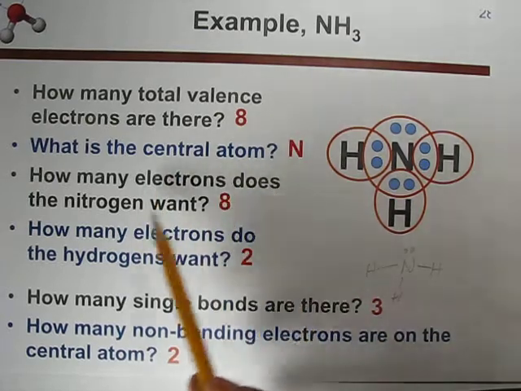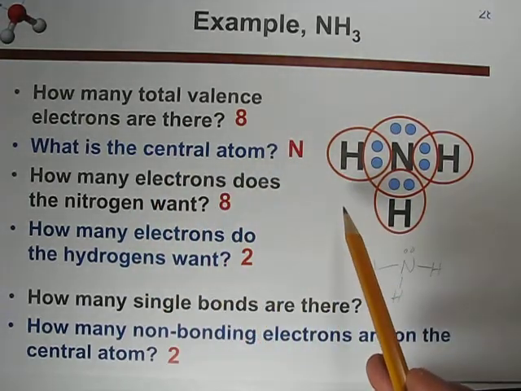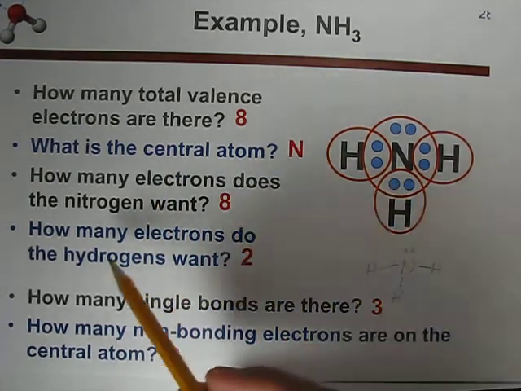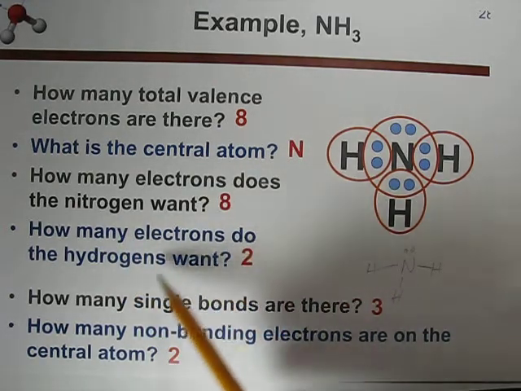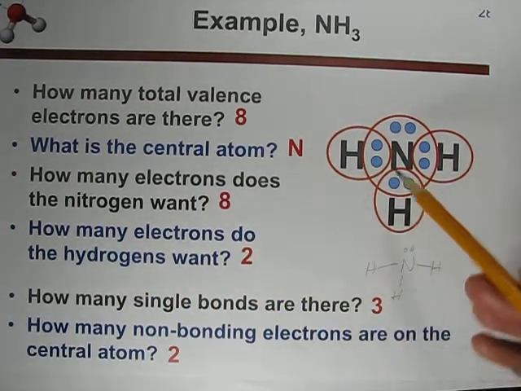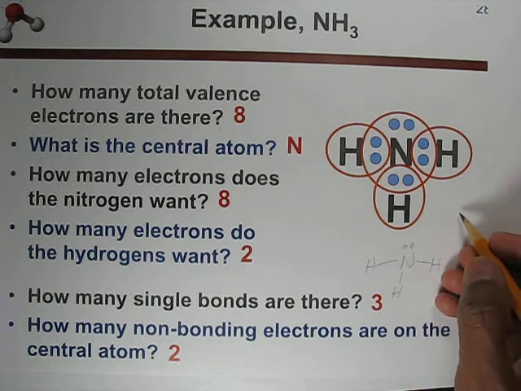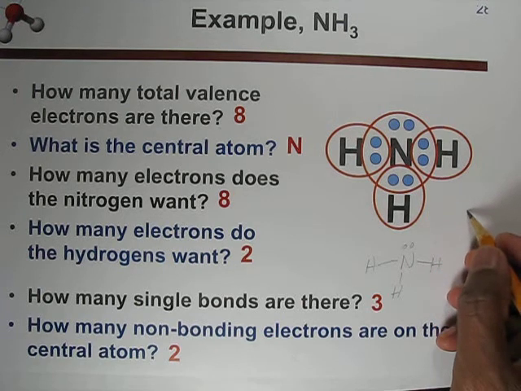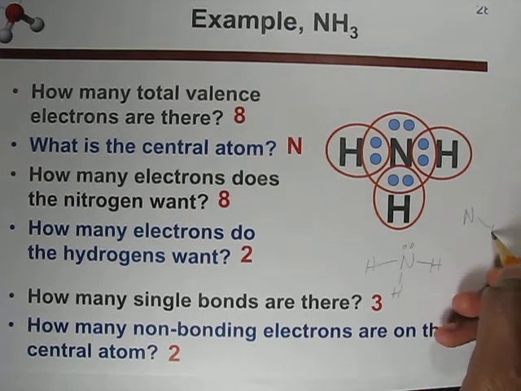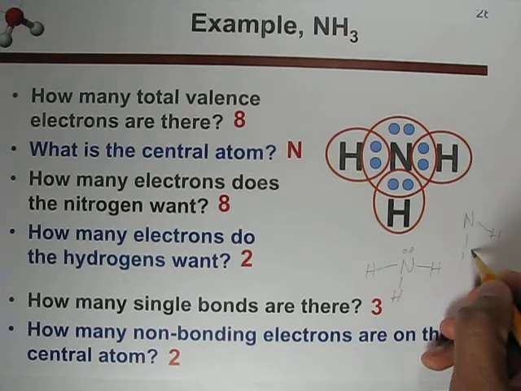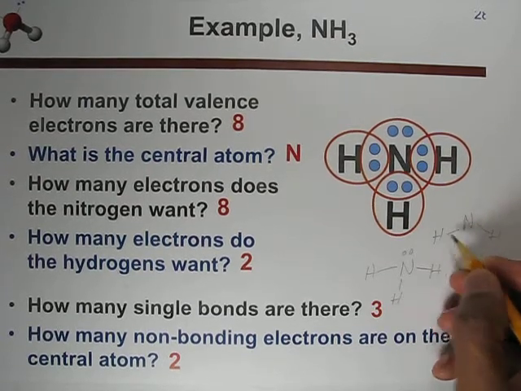How many electrons does nitrogen want? It wants 8 electrons. And how many electrons does each hydrogen want? 2 electrons. So we will make 3 bonds, between the nitrogen and each hydrogen.